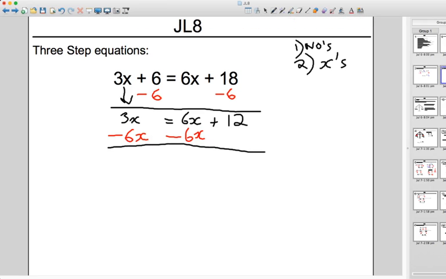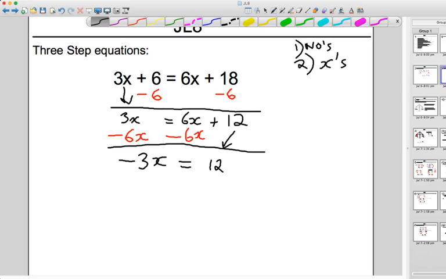So this is going to make numbers slightly awkward. 3x take away 6x is negative 3x equals 12. Because now the 12 will drop down. Now I have to get x on its own.